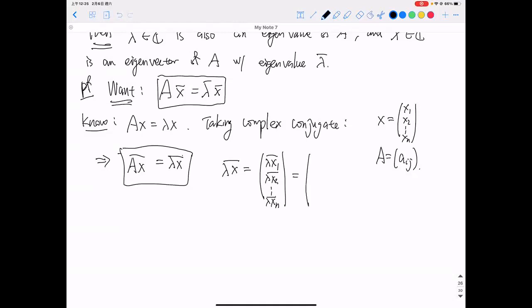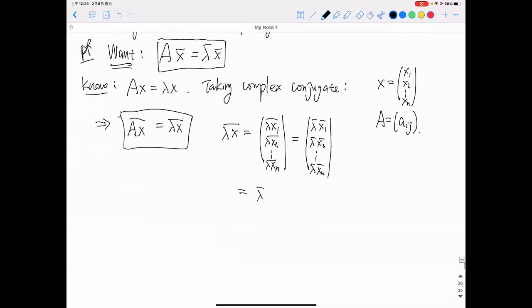But as we've seen already, taking the complex conjugate has the property that the conjugate of lambda x1 is lambda bar times x1 bar. Similarly for the other entries. So what this really is, it's lambda bar times x bar.